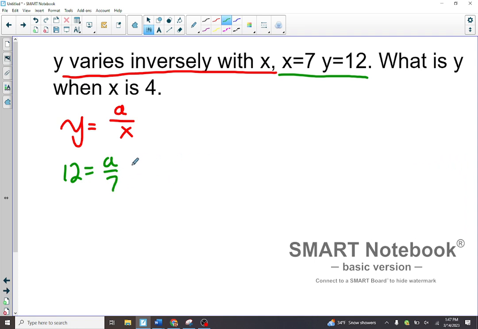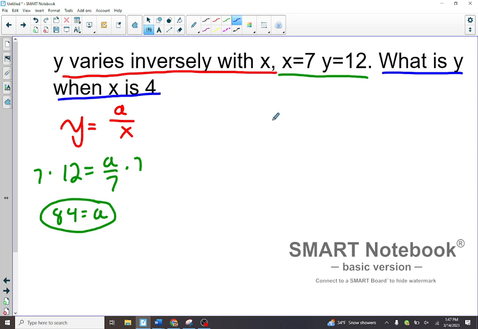So then we're going to times 7 on both sides. 84 equals a. So after you figure that out, you could figure out what is y when x is 4. Since I know what a is, y equals 84 divided by 4. Y equals 21.